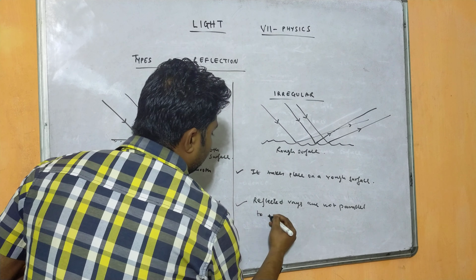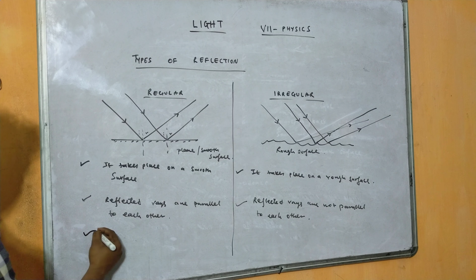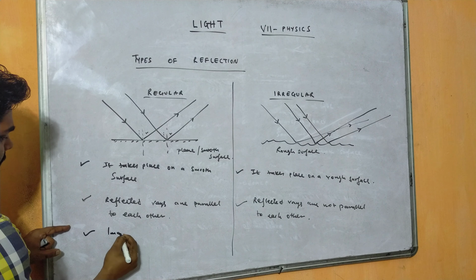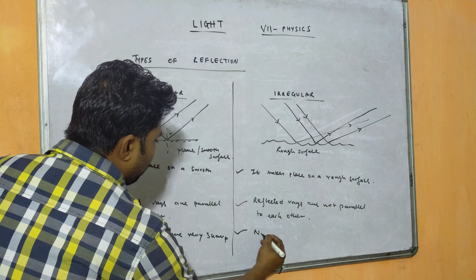One more difference you can write: in regular reflection, the images formed are very sharp and clear. In irregular reflection, no images are formed.